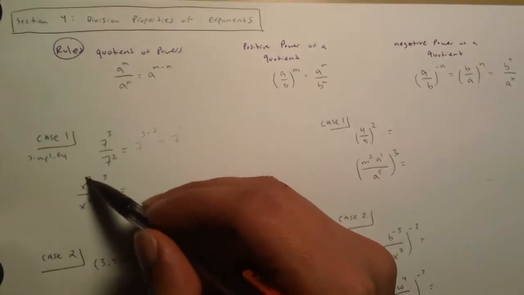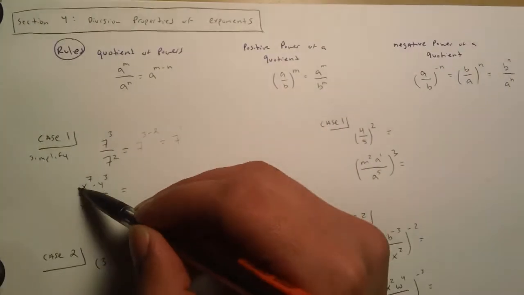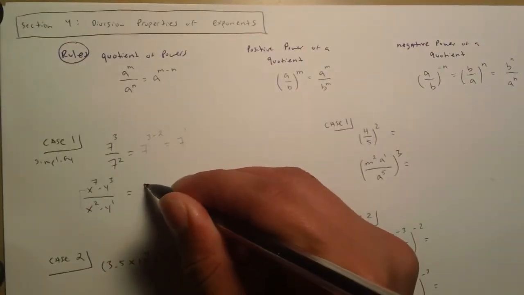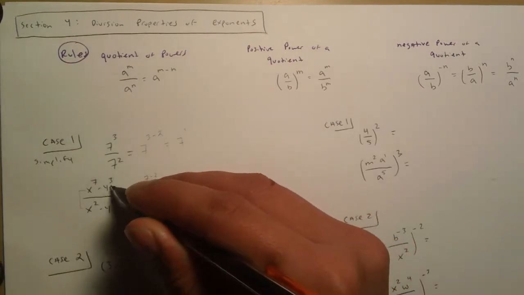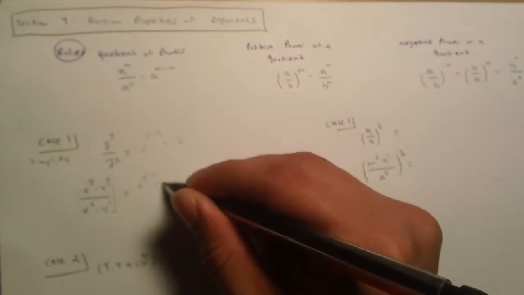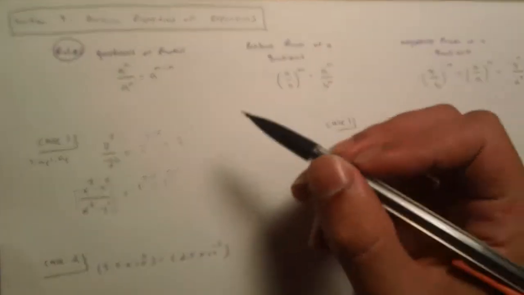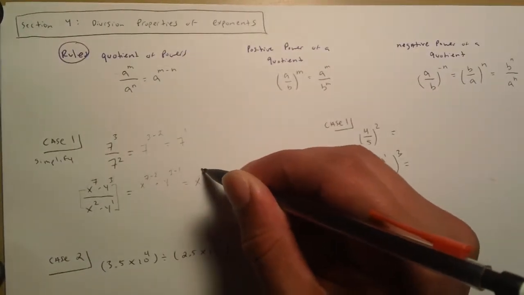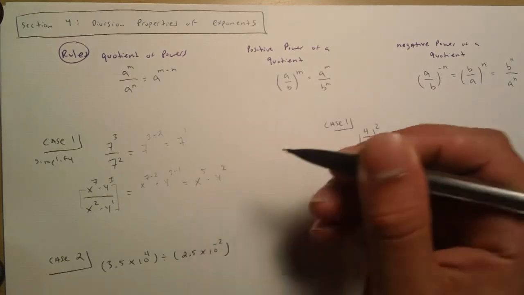The only thing that will work is the x to the 7th and x squared together. So let's just work with these. We have x to the 7 minus 2, times the y's, which will be y to the 3 minus 1, which will be x to the 5th times y to the 2nd.